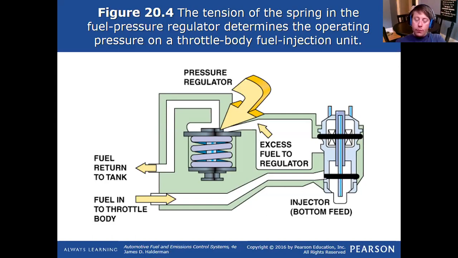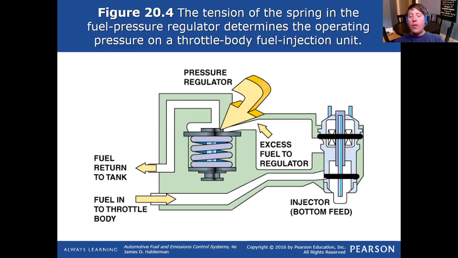But the computer, let's take the pulse width modulated systems out of the equation for the moment. If the computer is going to control pulse width on injectors in order to control the fuel delivery, then the fuel pressure has to be correct.